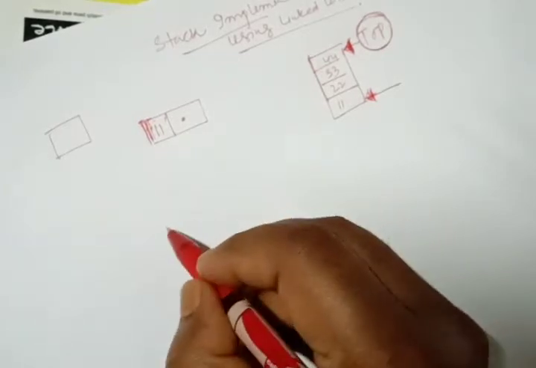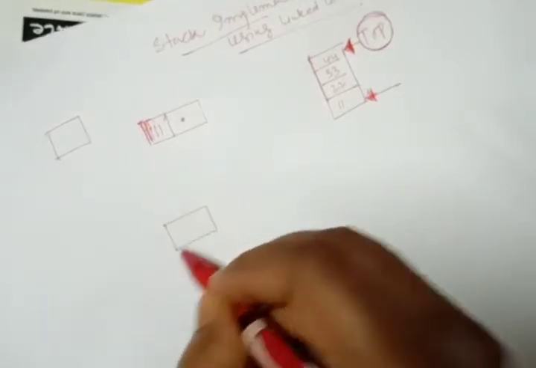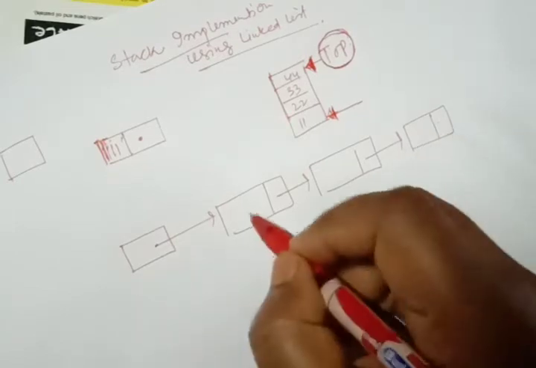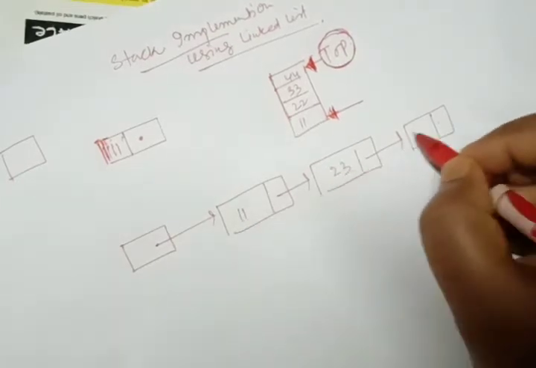Now in a linked list, suppose this is the node, this is the list, 11, 22, 33.